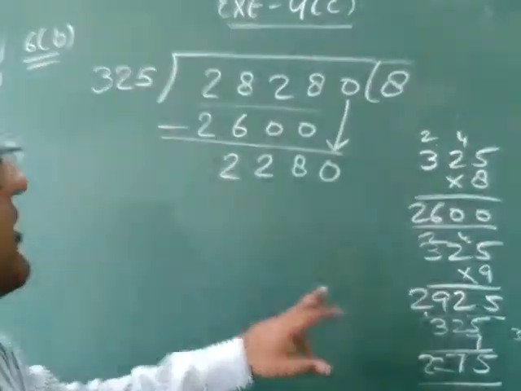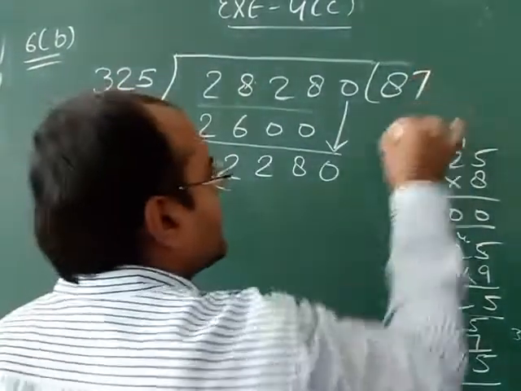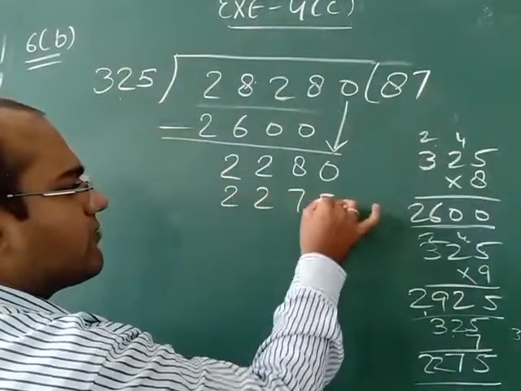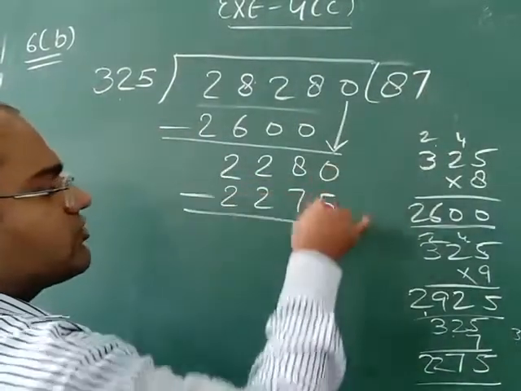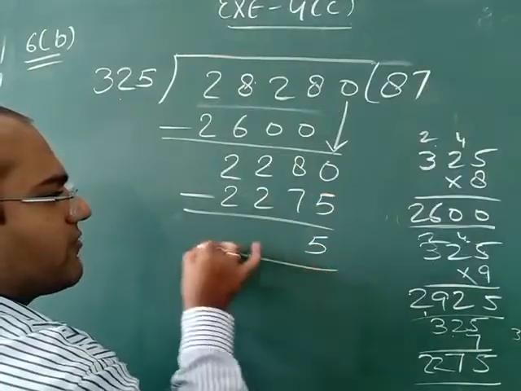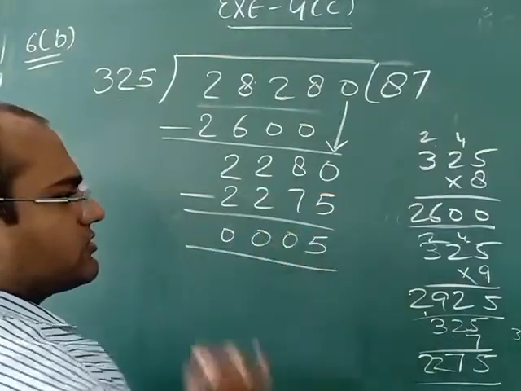This number is okay. On subtracting these two numbers we will get 5.